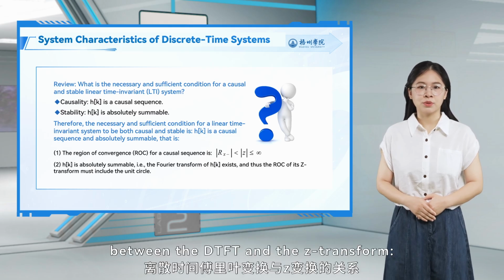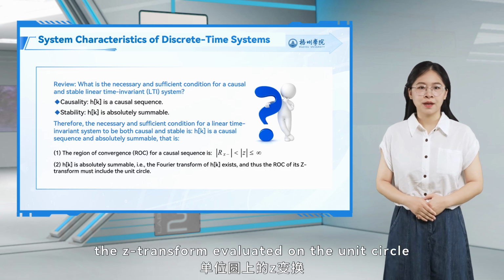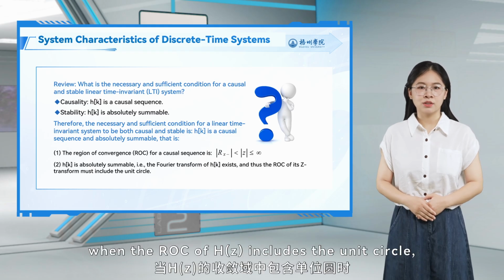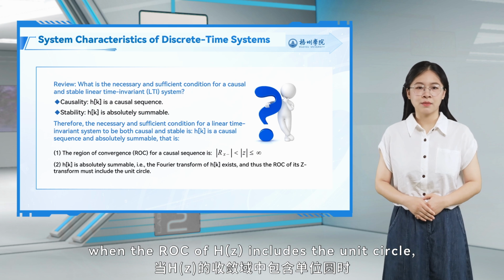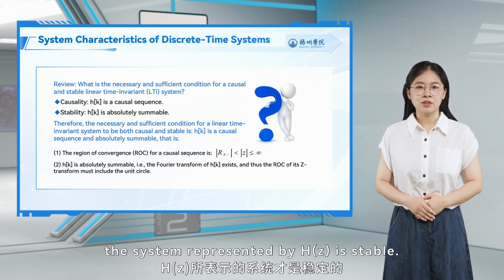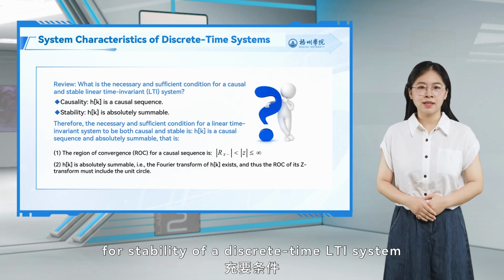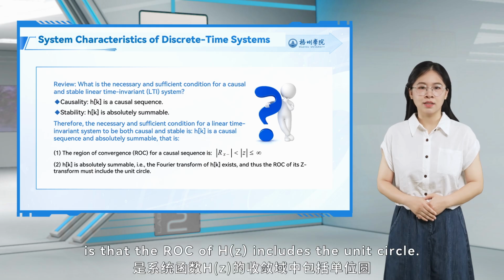From the relationship between the DTFT and the z-transform, the z-transform evaluated on the unit circle equals the Fourier transform. Therefore, when the ROC of H(z) includes the unit circle, the system represented by H(z) is stable. Thus, the necessary and sufficient condition for stability of a discrete time LTI system is that the ROC of H(z) includes the unit circle.